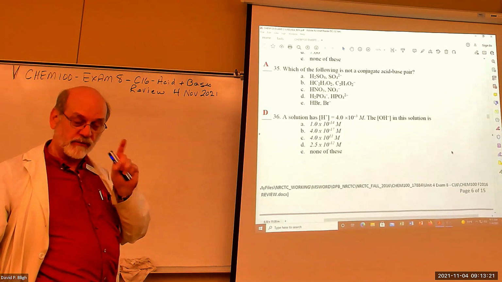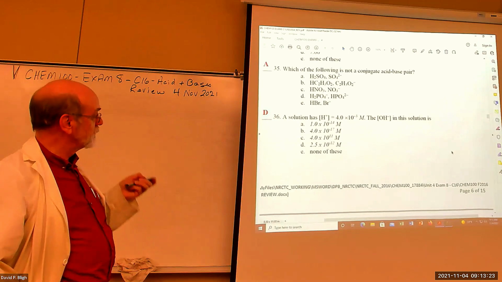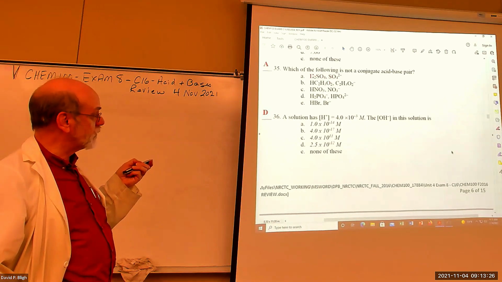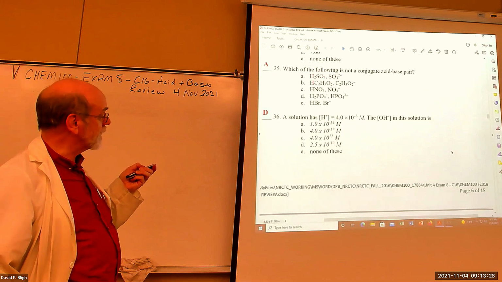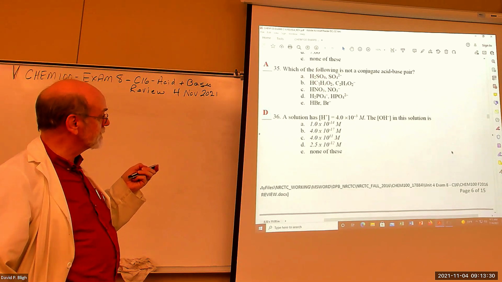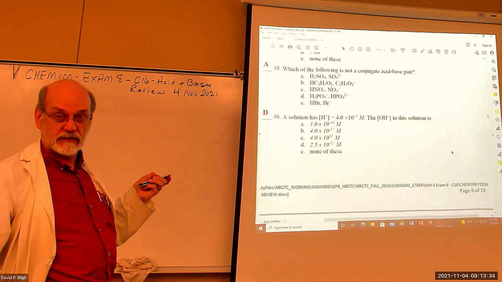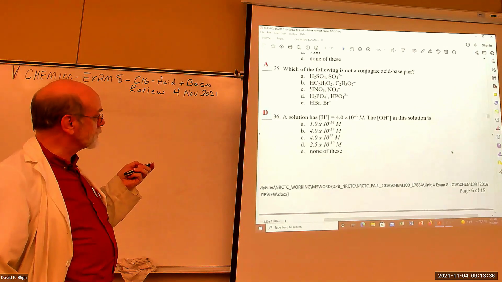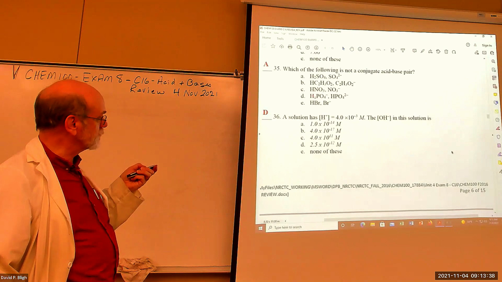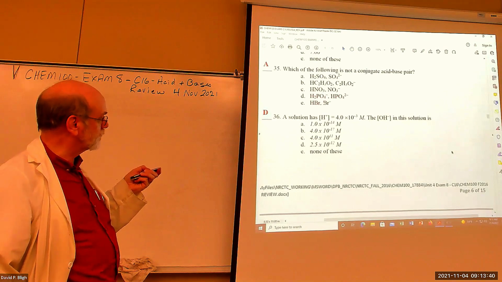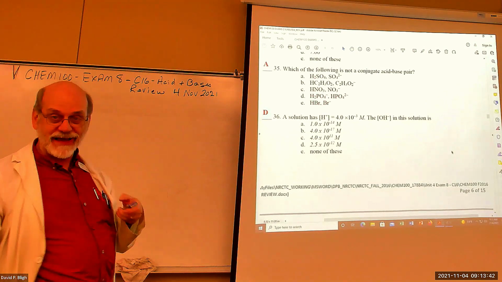It has to lose 1 proton only. So this one is false, and we found our answer. The rest of them, you have this A species here on both sides, plus 1 proton is lost. This one loses 1 proton. This one loses 1 proton. This one loses 1 proton. Okay. So A is wrong.